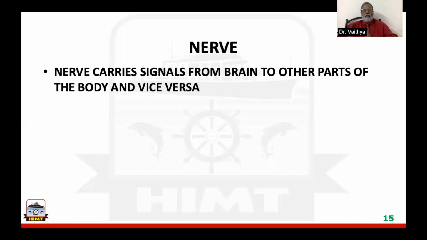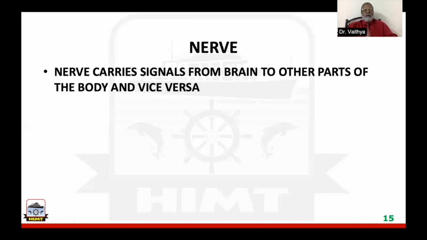Motor signals means movements of all the organs. So these are the signals coming from brain to other parts, and the same way from other parts back to brain. An example for other parts to brain is when your urinary bladder is full of urine, automatically nerve sends a message to brain, and we get that urge for passing urine.